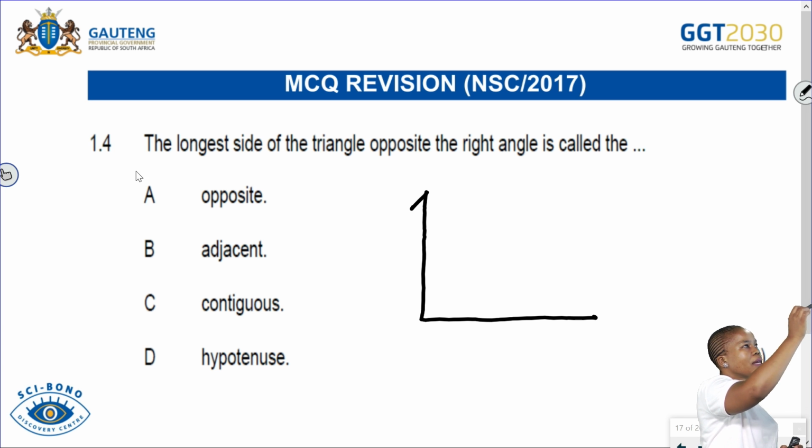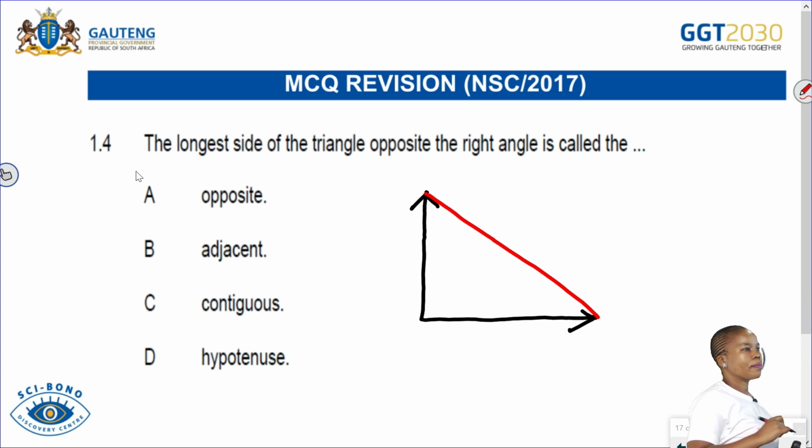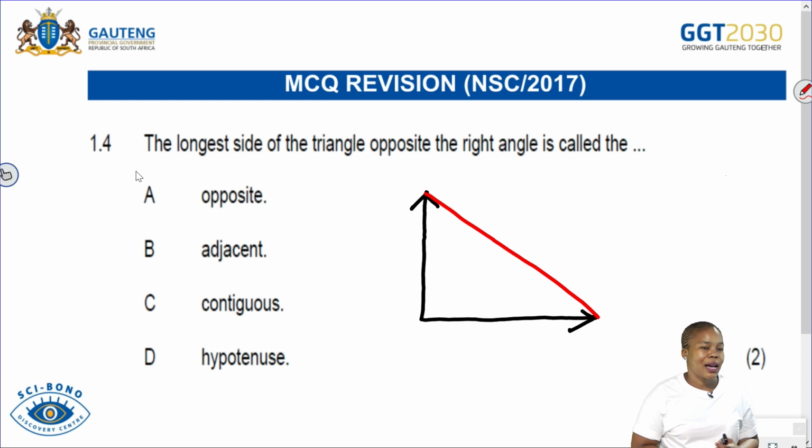It is made up of forces, so that is very important. They are talking about this longer side. We know it as, is it A, opposite, B, adjacent, C, continuous, D, hypotenuse? We know it as what?